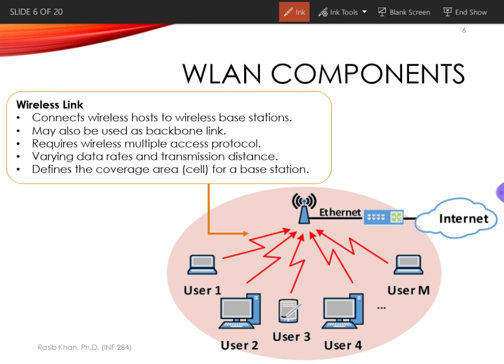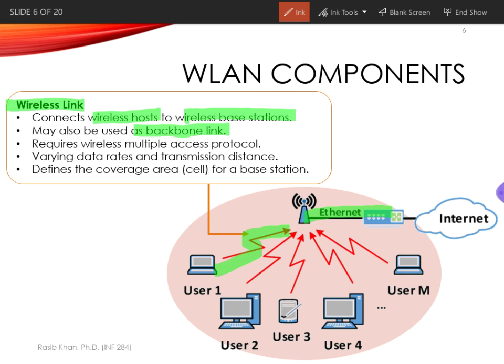Next, we also need to understand the medium of connection for wireless LANs, and they are connected through what we call wireless links. The wireless links are there to connect the wireless hosts, which are the nodes, to the base stations. They may also be used in the backbone link, but it's rather uncommon to use a wireless link to connect the backbone, that is the access point, to the internet, but it is still possible to do so.